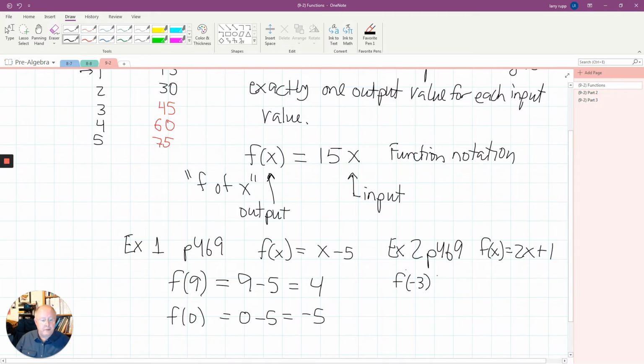Again, you take negative 3 and you put it in wherever you find an x. So it's 2 times negative 3 plus 1. You rewrite that: 2 times negative 3 is negative 6, plus 1, and that equals negative 5.